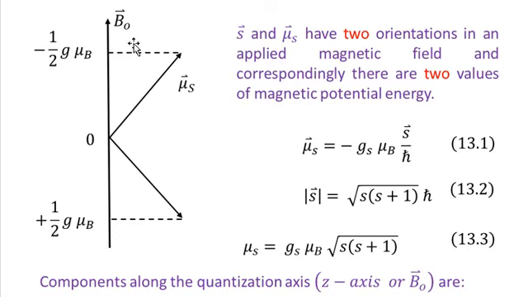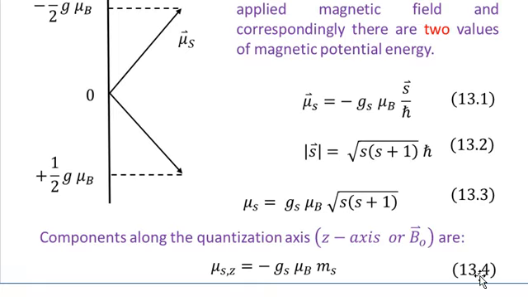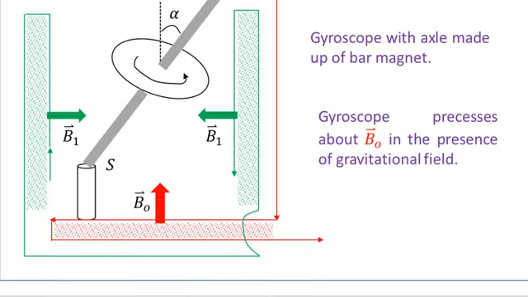This corresponds to different values of mj or ms. For this pure spin magnetism case, this will correspond to ms values, as these two levels are ms plus minus half, as you know from equation number 4. So the measurement of the separation between these two levels is referred to as the measurement of electron spin resonance.